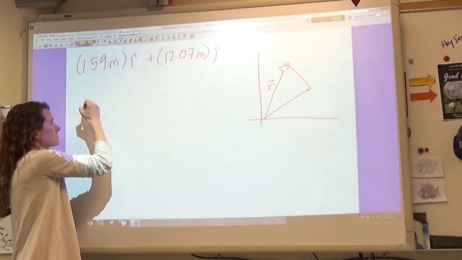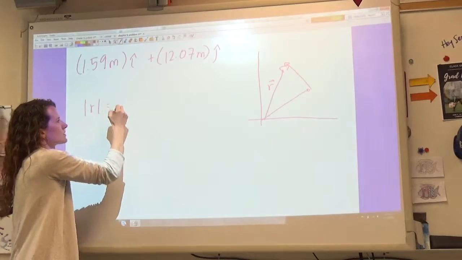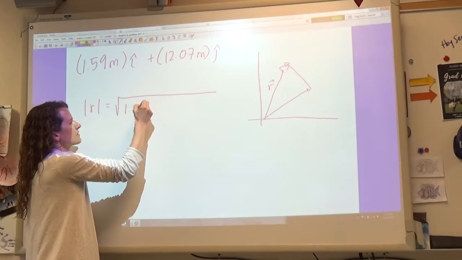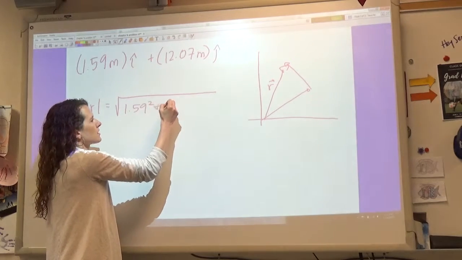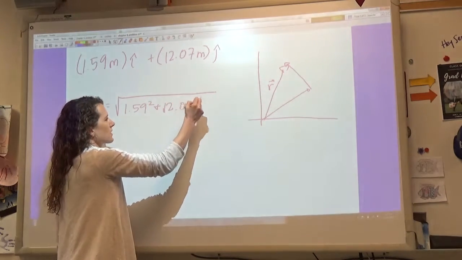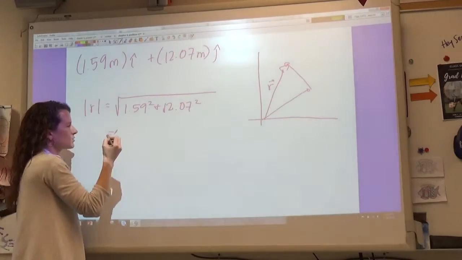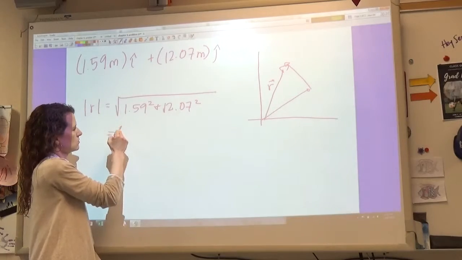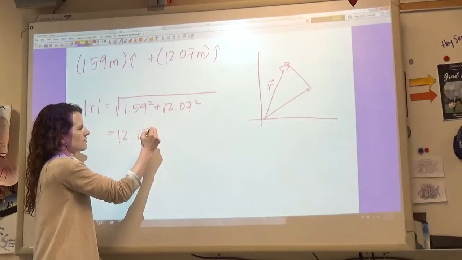So then the magnitude of r, we're just going to use the Pythagorean theorem, and so I have 1.59 squared plus 12.07 squared, and take the square root of the whole thing, which will equal 12.17 meters.